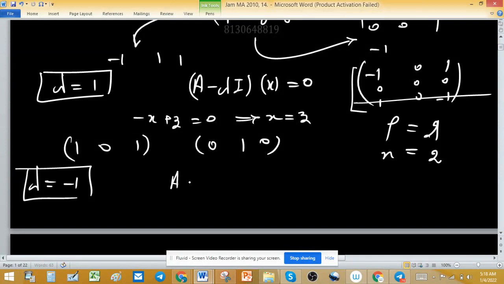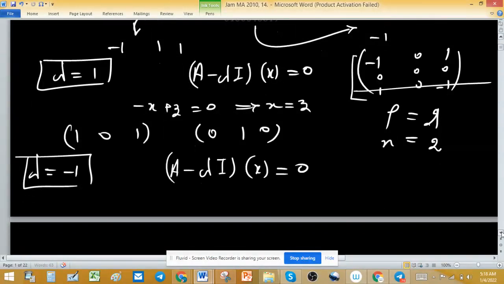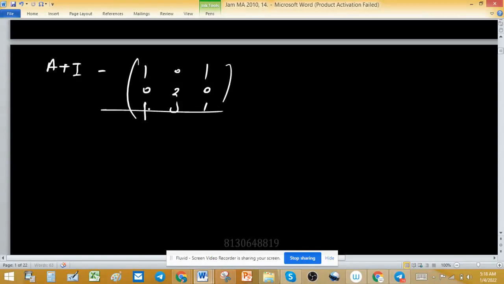For this, you have to solve (A minus lambda I)x equals 0 for lambda equals minus 1. After putting lambda equals minus 1, the matrix A plus I is 1, 0, 1, 0, 2, 0, 1, 0, 1. And you can see the first and last rows are the same, so the rank of this matrix is 2 and the nullity will be 1.